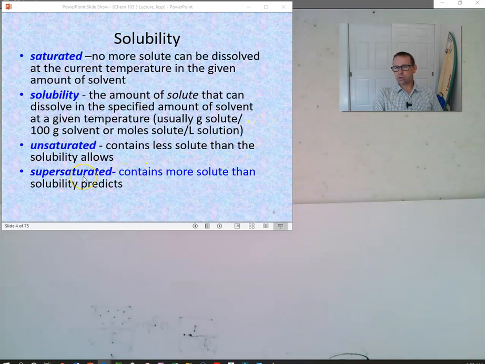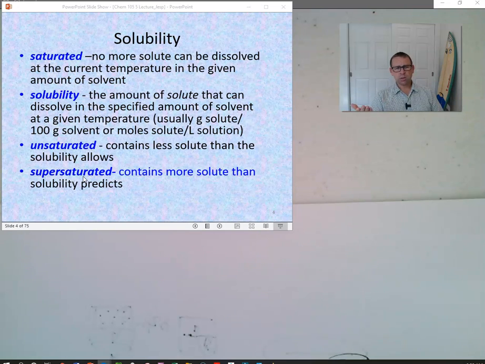There's an interesting word called supersaturated. We don't talk much about it, but I'm going to show you kind of an interesting situation because you can create conditions where solutions are dissolving more solute than they theoretically should be able to.